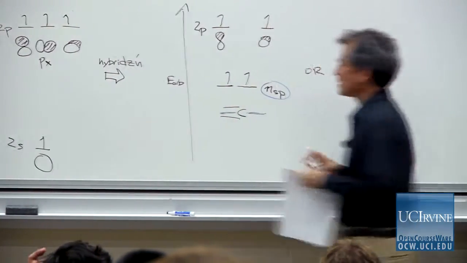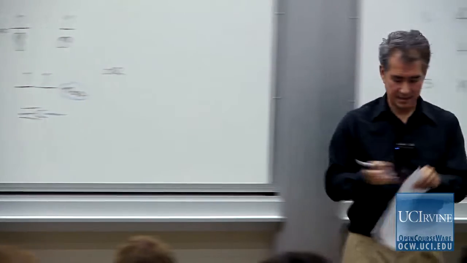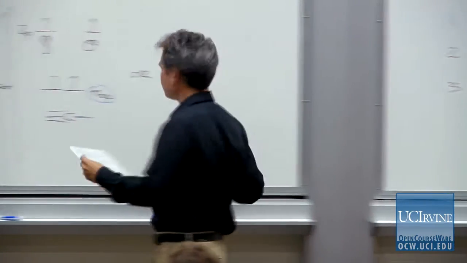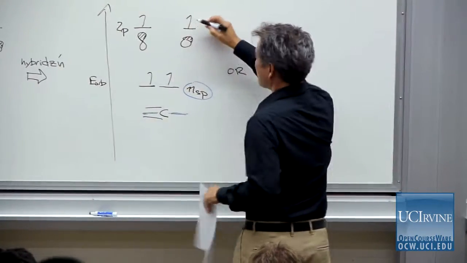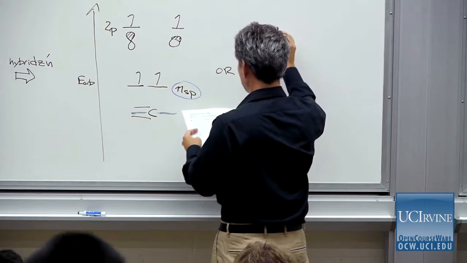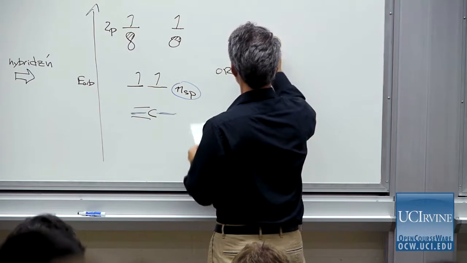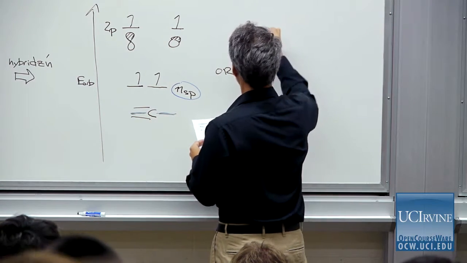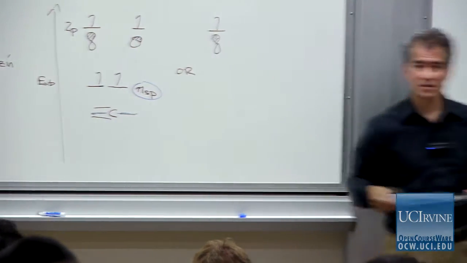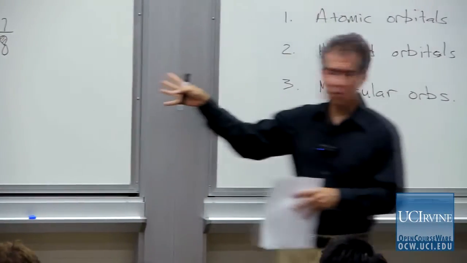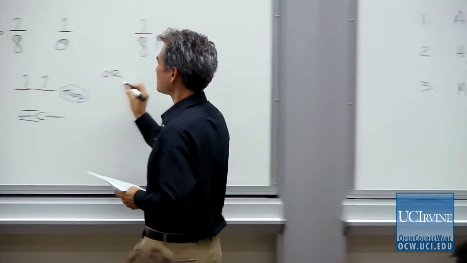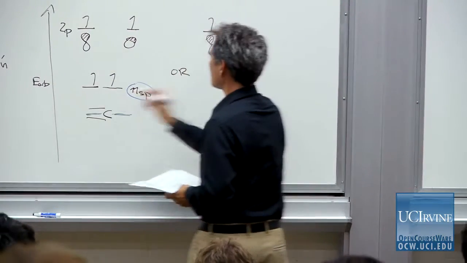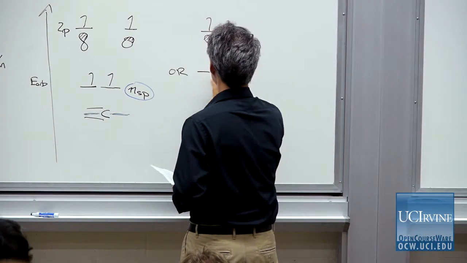There are other ways that we can hybridize these, and I hope you're familiar with these. Let's suppose I take one of these orbitals and mix it with those others. I'll be left with one of the p orbitals, but I still have 3 other orbitals left. If I mix 2 of these p orbitals with one of the s orbitals, I'll have 3 more orbitals.